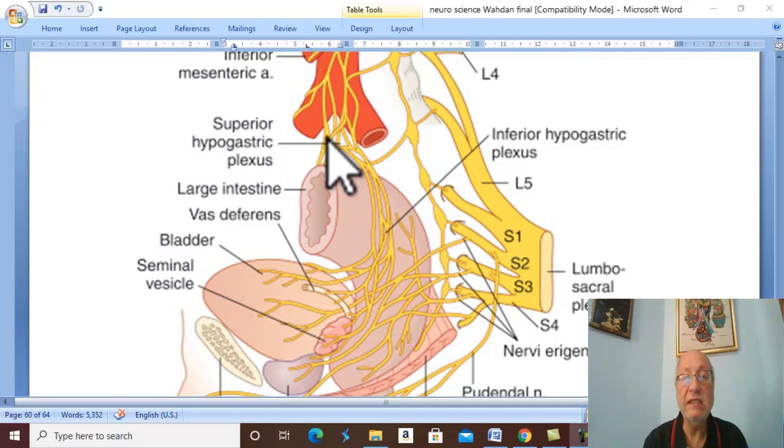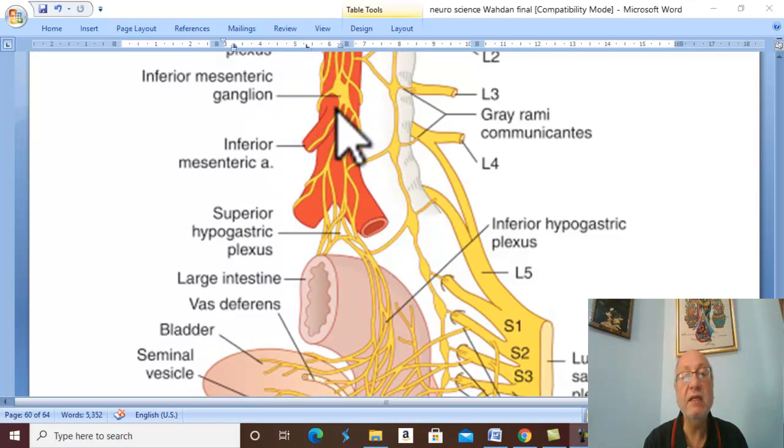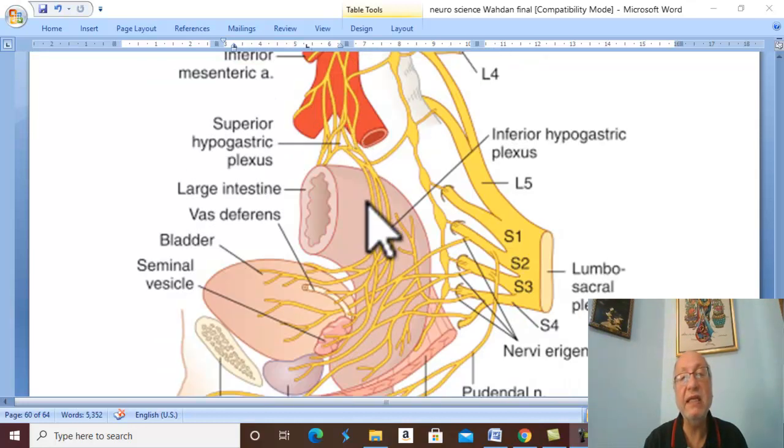The superior hypogastric plexus gives ascending branches to the inferior mesenteric plexus and descends downward by dividing into right and left hypogastric nerves, which enter in the formation of the inferior hypogastric pelvic plexus.